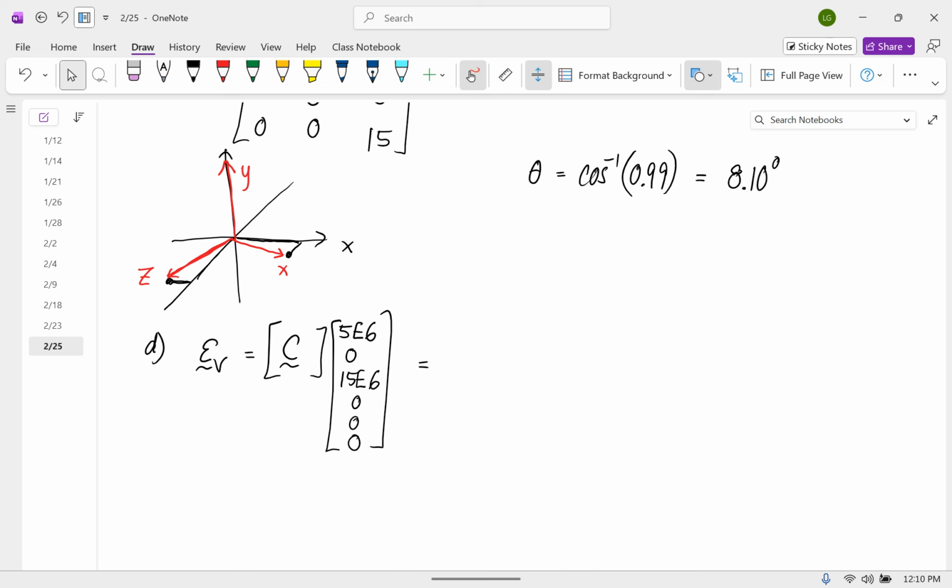And I got 1.14 times 10 to the minus 5. Negative 4.55 times 10 to the minus 5.